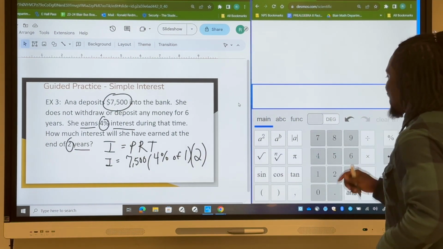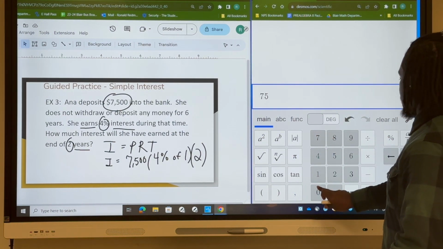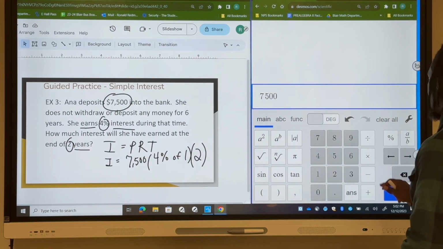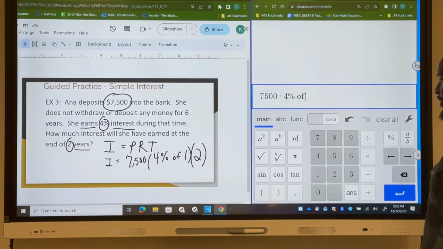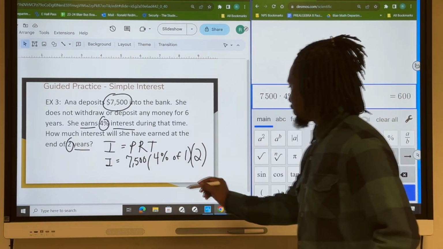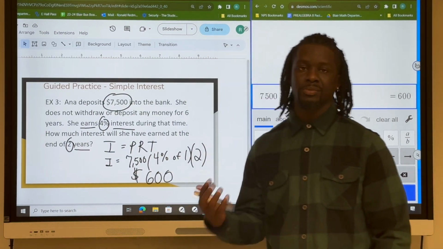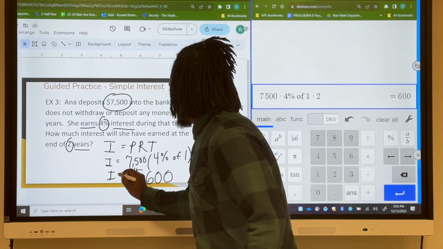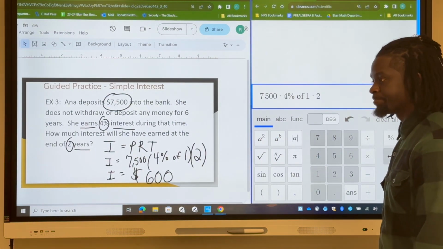So then, I pull up my Desmos. 7,500 times 4% of 1 times 2, and we get 600 as my answer. So the interest is $600 after 2 years.